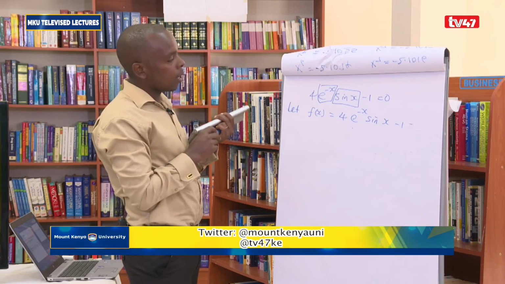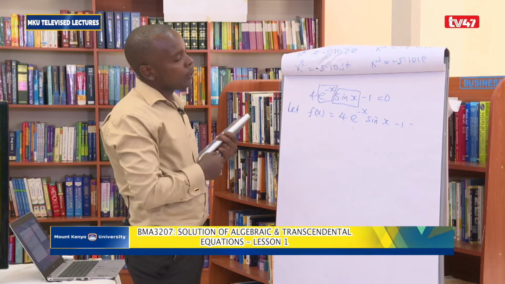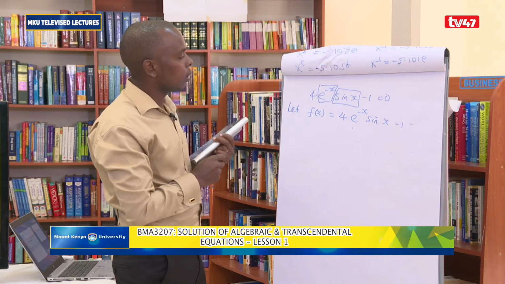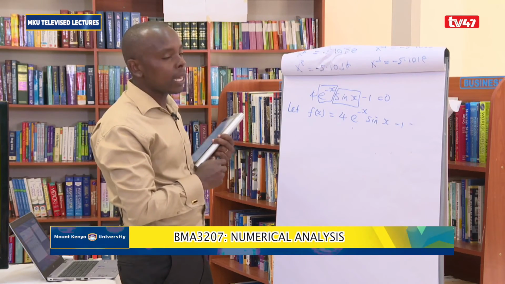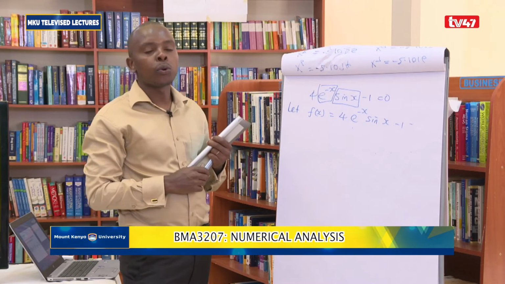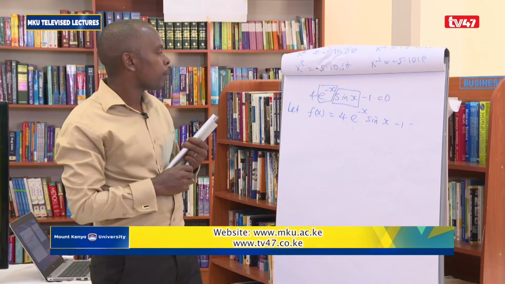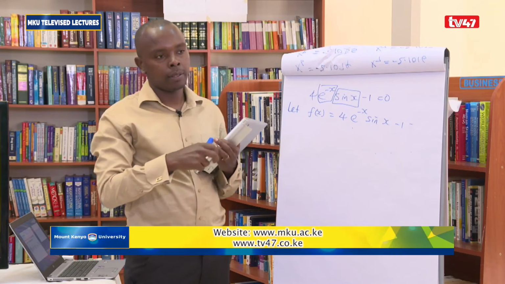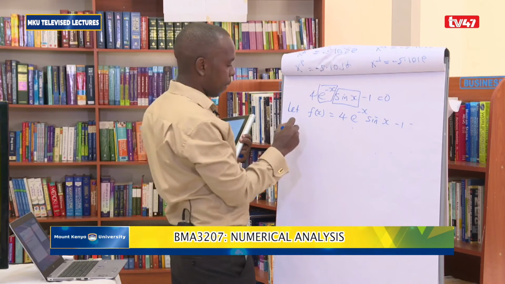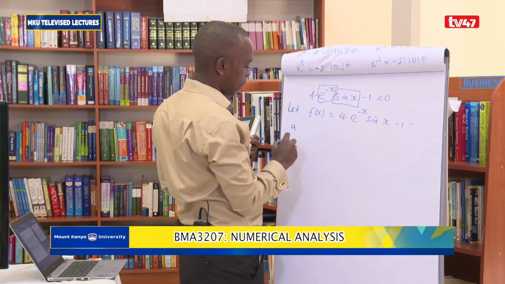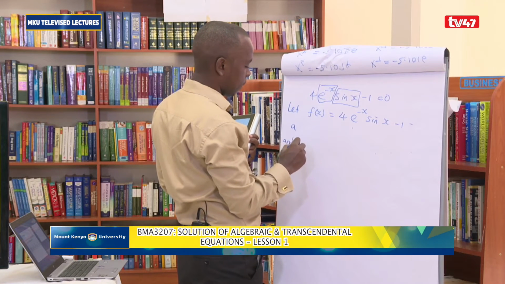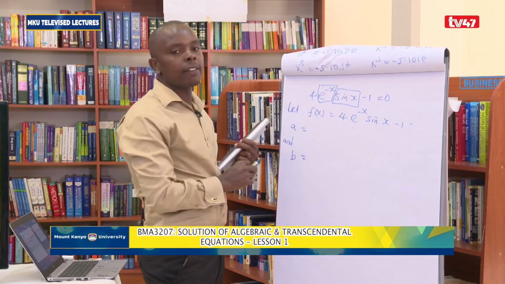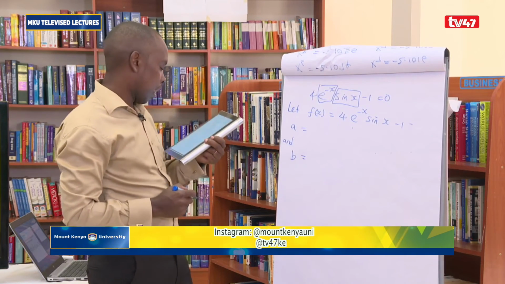To find our first approximation, we begin by guessing the roots such that f of the guessed values a and b should give us opposite signs.